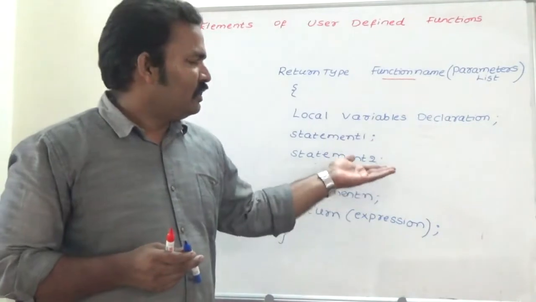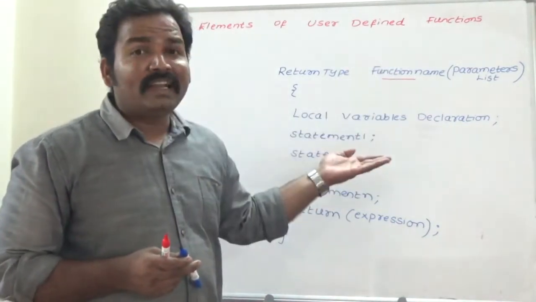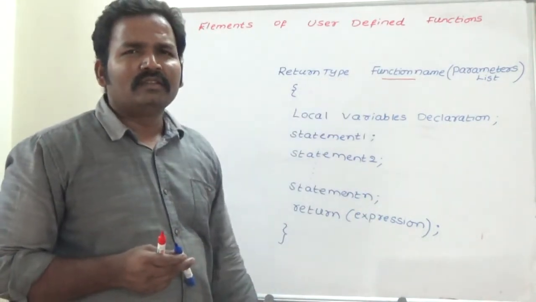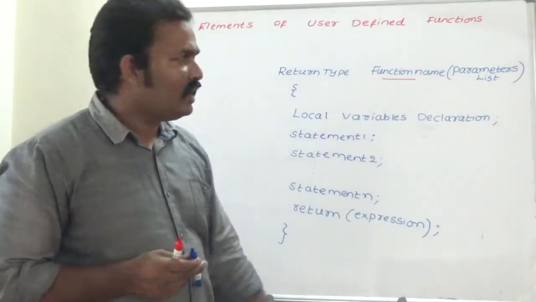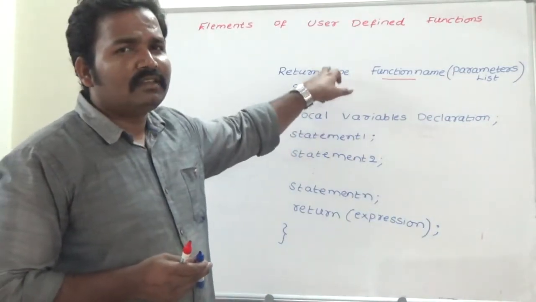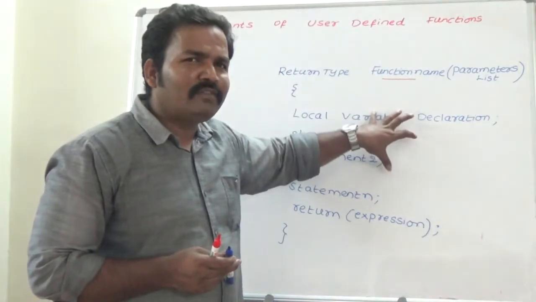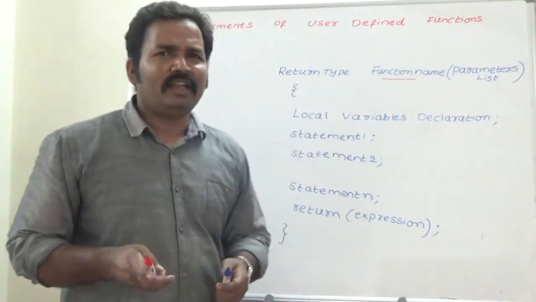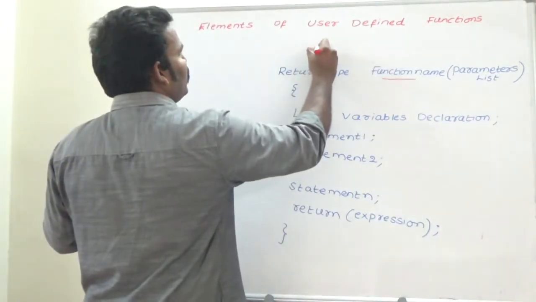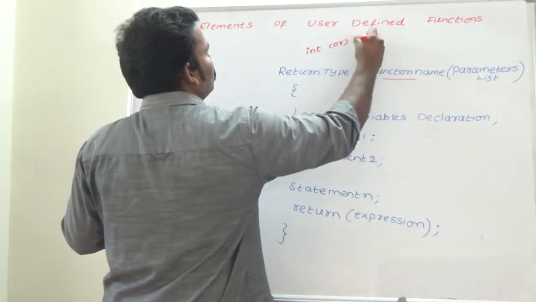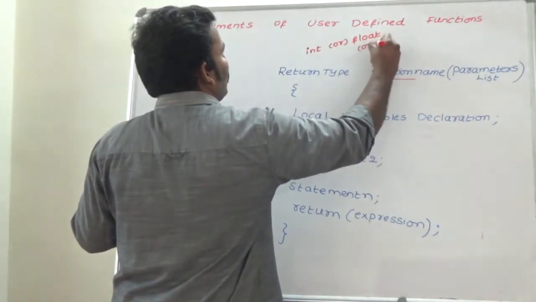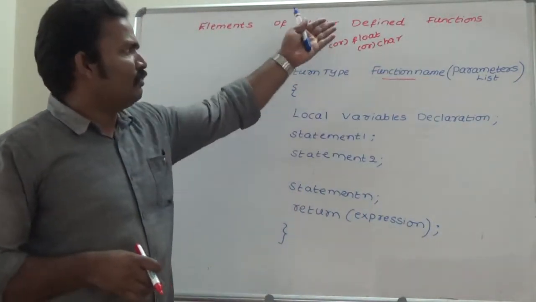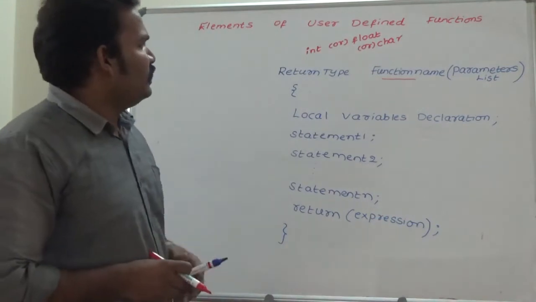After executing, the function may return a value. Return types are nothing but data types, like int, float, or char.